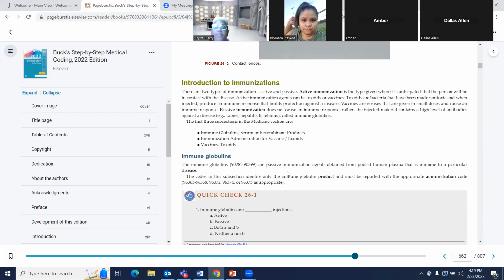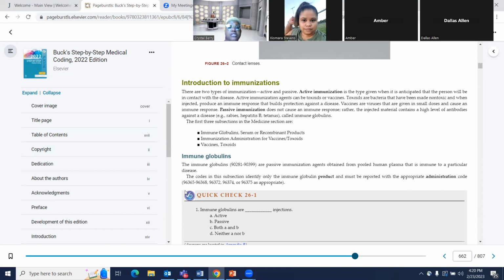So listen to this carefully. Passive immunization agents obtained from pooled human plasma that is immune to a particular disease. The codes in this subsection identify only the immune globulin product and must be reported with the appropriate administration code.